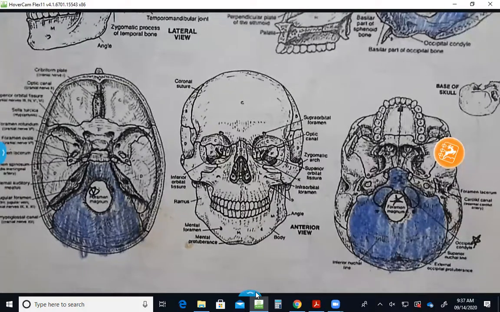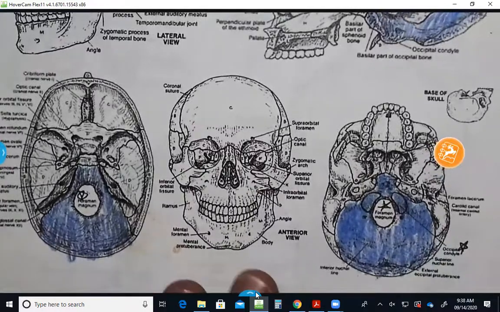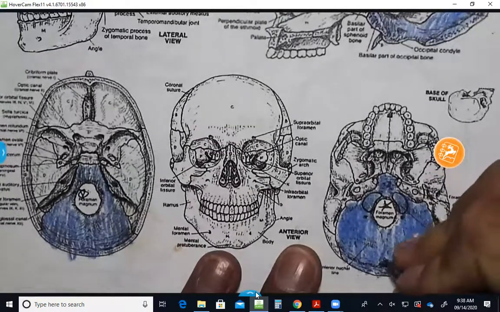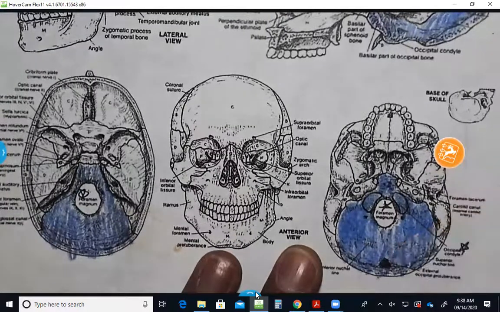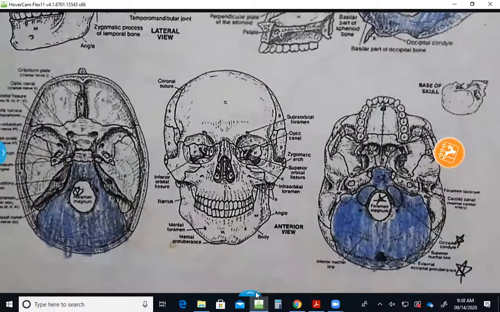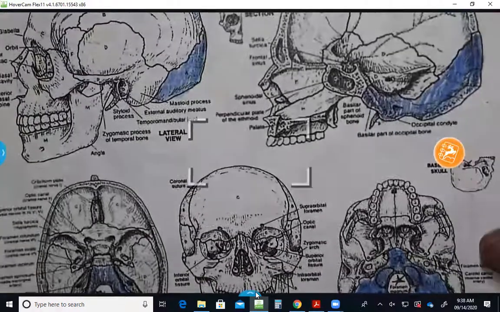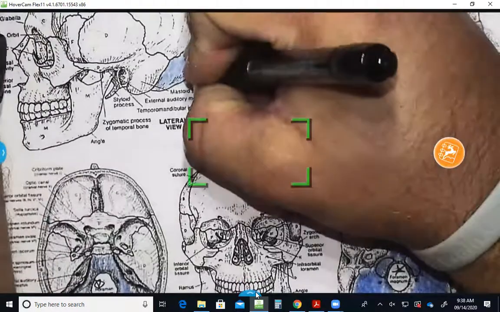To help hold our head to our neck, we also have ligaments. And that includes a ligament that connects to a bump right there in the back of our skull called the external occipital protuberance, which actually is best visible, in my opinion, right here.